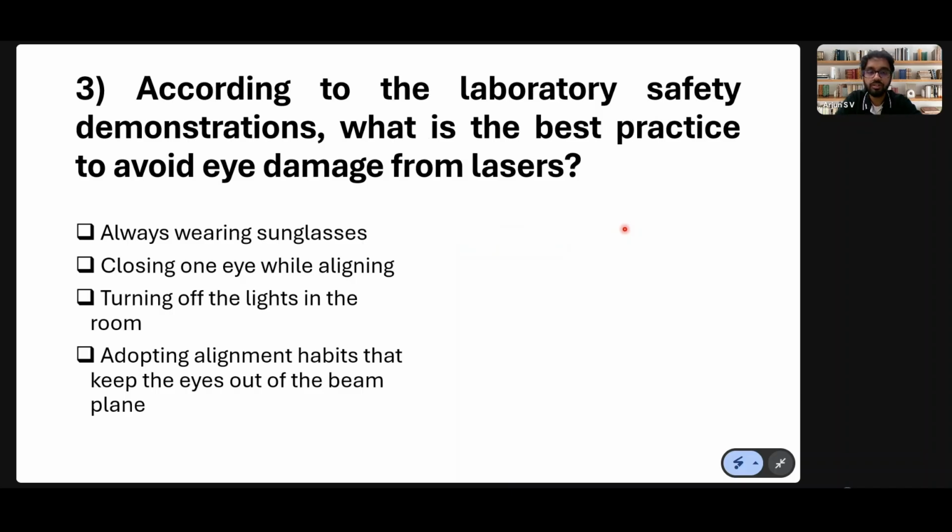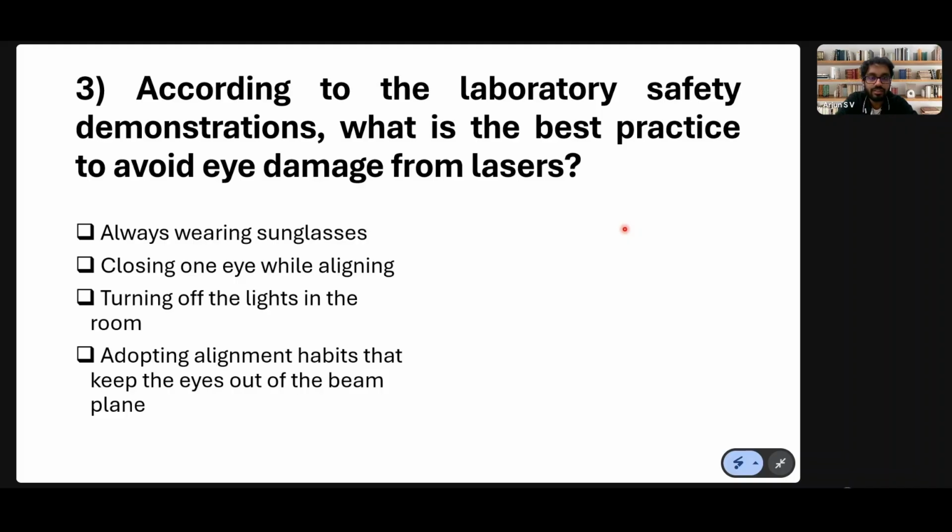Third question: according to the laboratory safety demonstrations, what is the best practice to avoid eye damage from lasers? We saw in the last lecture, in the introduction to the laboratory setup, that to avoid eye damage you should always do the alignment keeping the laser beam out of the eye range.